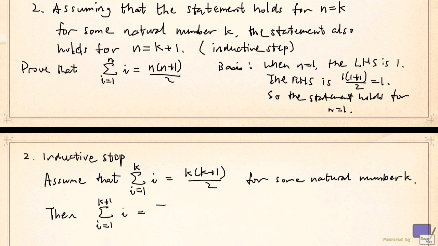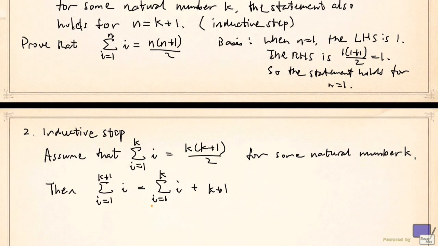and that can be broken down into the sum of i as i ranges from 1 to k, plus k plus 1. But by the induction hypothesis, we know that this is just k times k plus 1 divided by 2. So we can replace that with k times k plus 1 divided by 2 plus k plus 1.